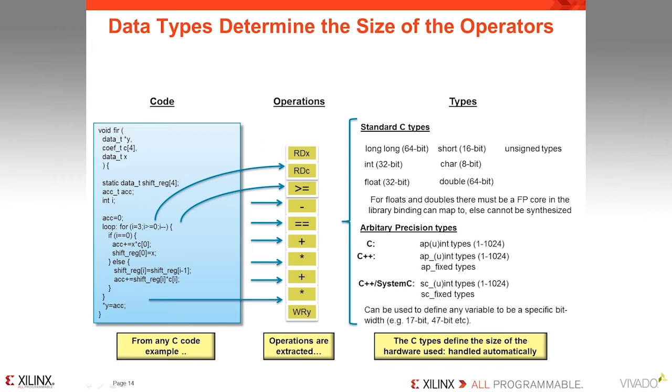Here you see we have arbitrary precision data types for C, C++, and C++ and System C. An arbitrary precision data type is a data type that can represent any value. For example, if we look at the first line there, C, from 1 to 1024, and C++, 1 to 1024. So this allows us to create data bits of any size, for example, 17-bit, 47-bit, 12-bit.